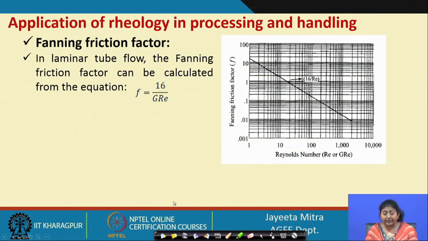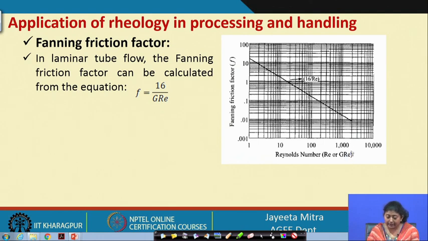Now, we can calculate the Fanning friction factor from a chart which relates the Reynolds number, okay, either for the Newtonian, which is purely NRE, or the generalized Reynolds number for the non-Newtonian, and in the laminar region that is why we are getting a straight line here.